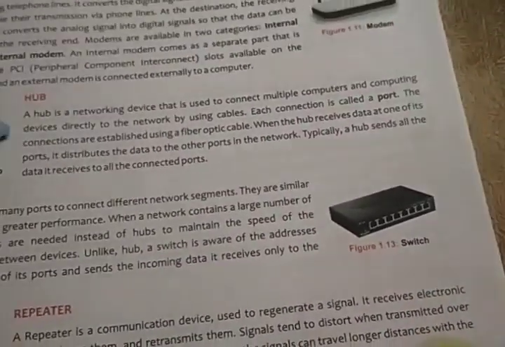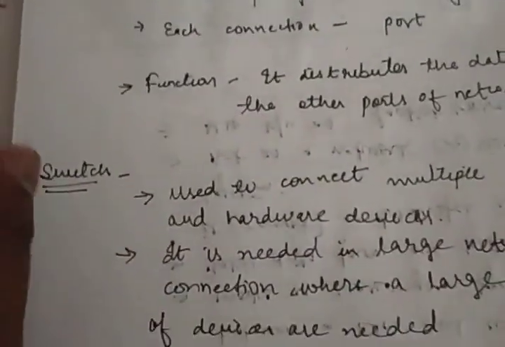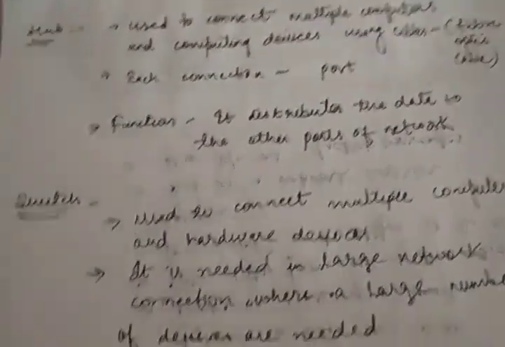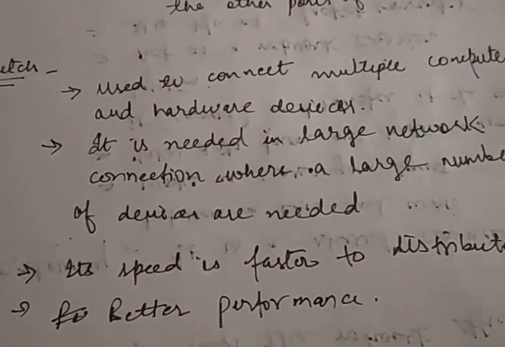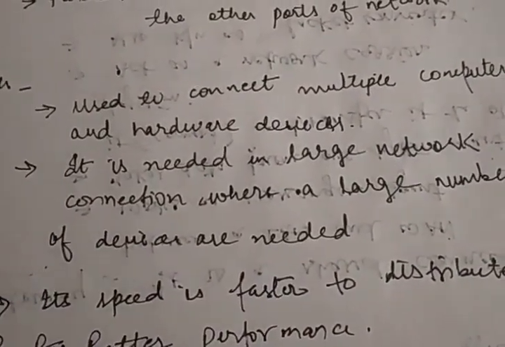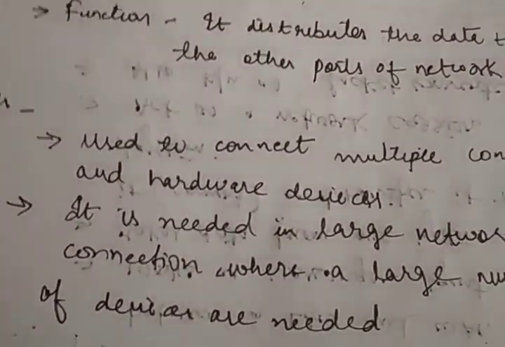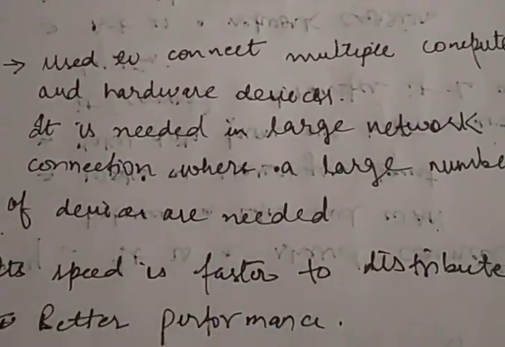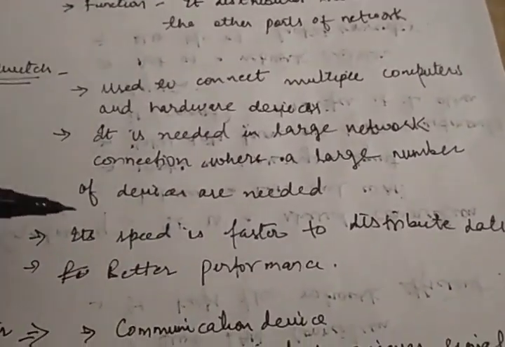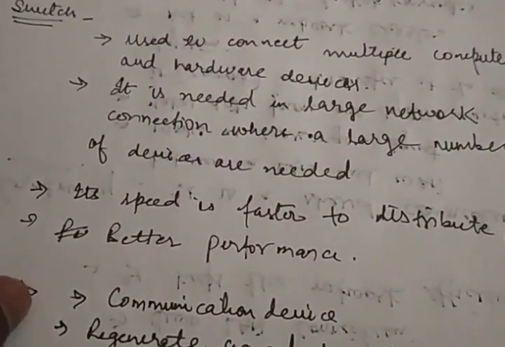So we can say that the transmission efficiency is much better in a switch as compared to the hub. It is needed in large network connections where a large number of systems are connected with each other, and its speed is also faster and it has better performance as compared to the hub.